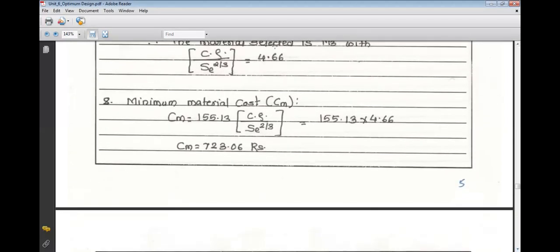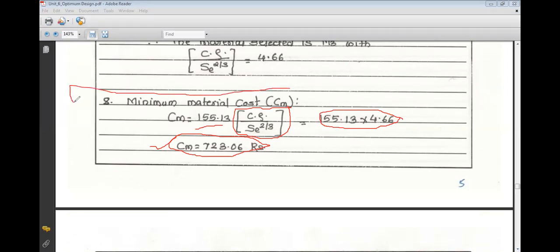The minimum material cost is that constant 155.13 multiplied by the material selection factor 4.66. So the cost of material is calculated as 723.06 rupees. This is the minimum material cost required, depending upon all these 3 materials.